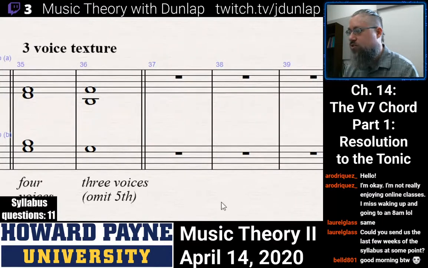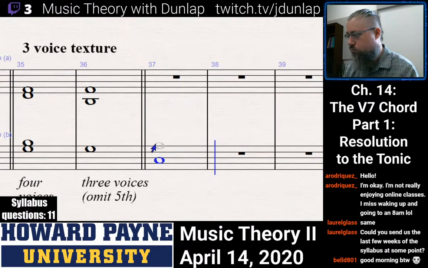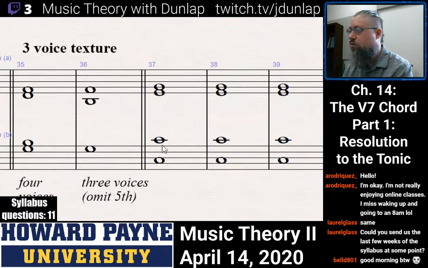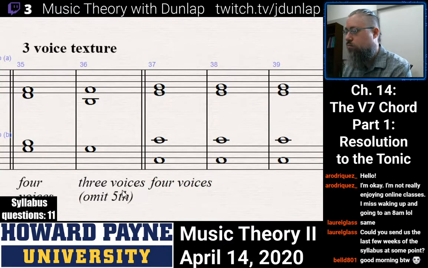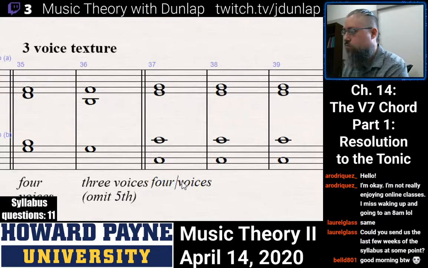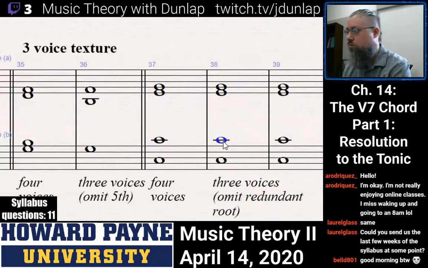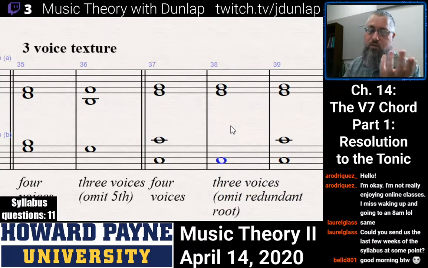So let's do the same thing with the tonic triad. So there are a few different ways we can do this. So first, we're gonna get rid of the redundant roots.